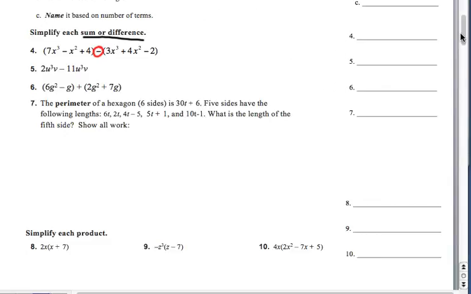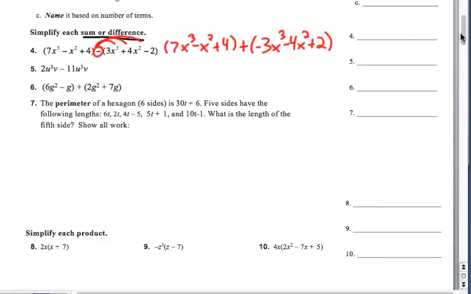My recommendation is to keep the first part as is, but then rewrite it into an addition problem. Distribute that negative throughout. Change the sign of everything in that second parenthesis, because when you go to combine like terms, it's less likely you're going to make a mistake.